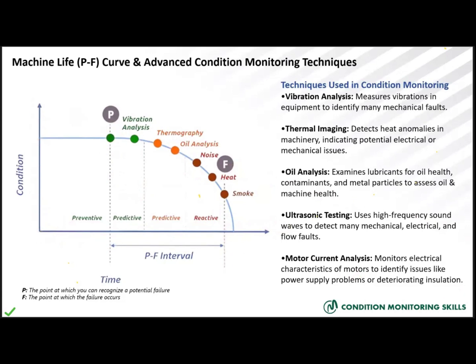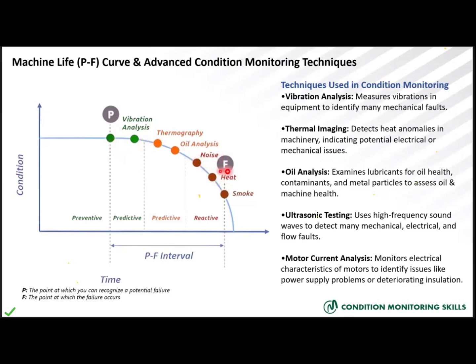Okay, it shows the timeline from the point where a defect is detectable. The P point, or the potential failure point, is the point of detecting the failure, where the equipment actually starts to fail.